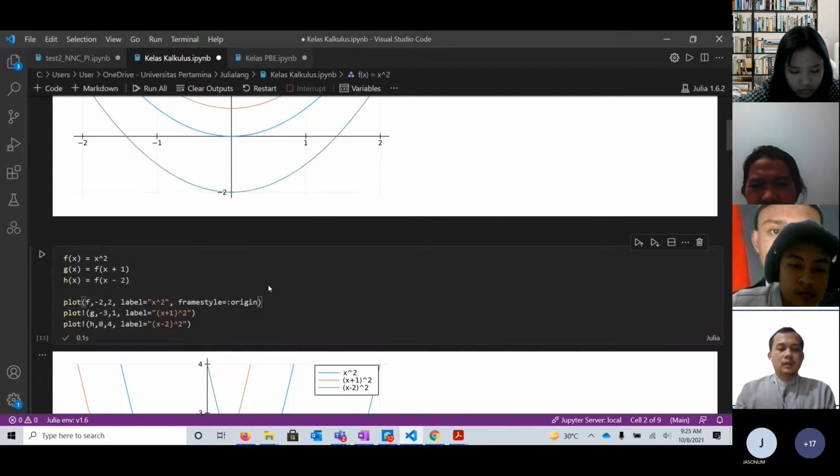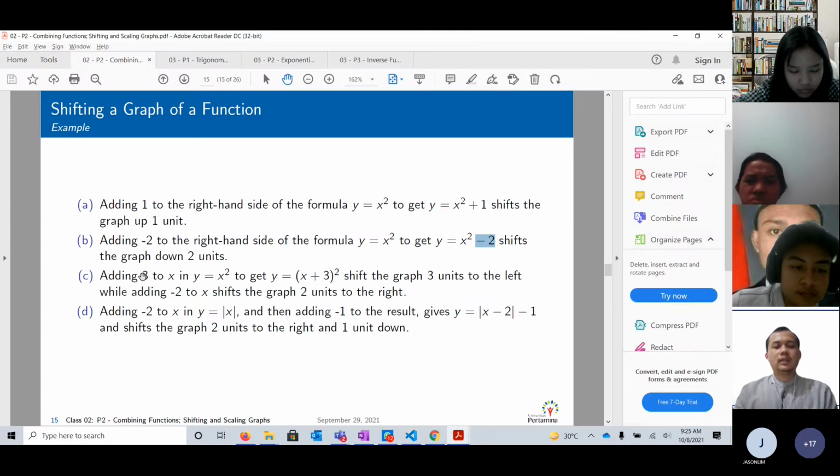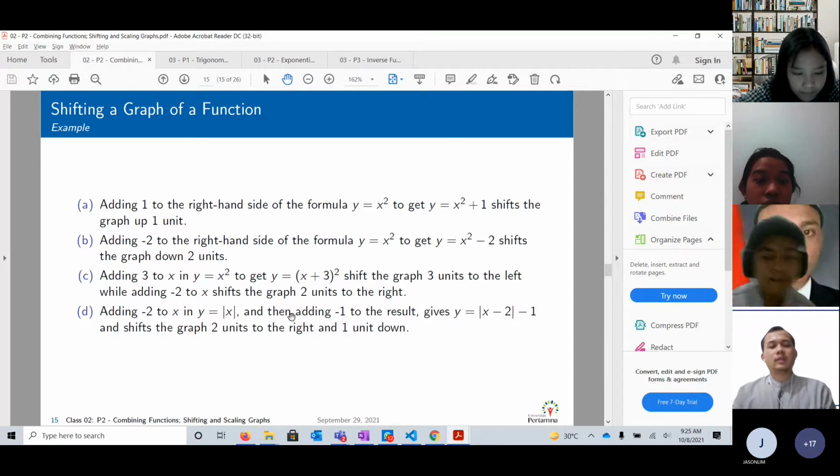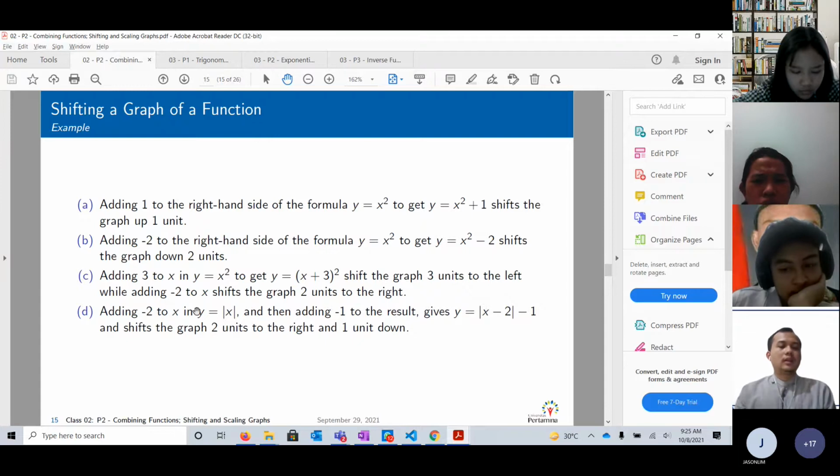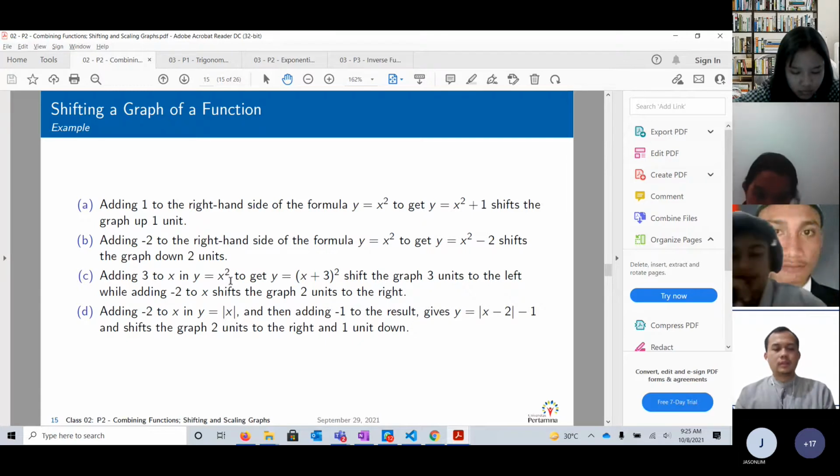Now, if we add the constant to x instead of to f of x, so let's say from y equals x squared to y equals x plus 3 squared, or from y equals absolute of x to y equals absolute of x minus 2.